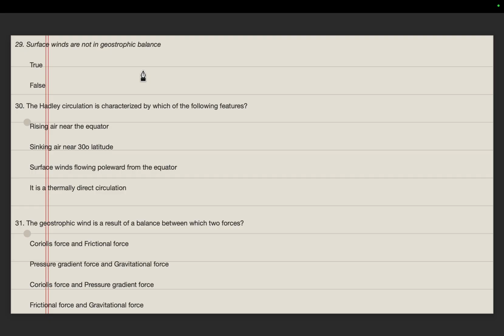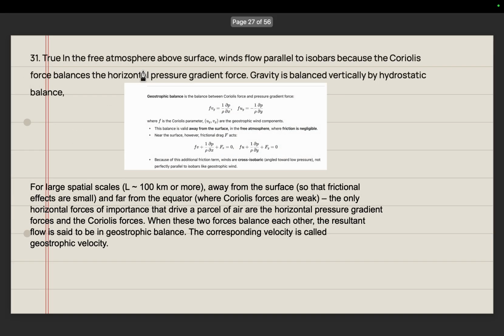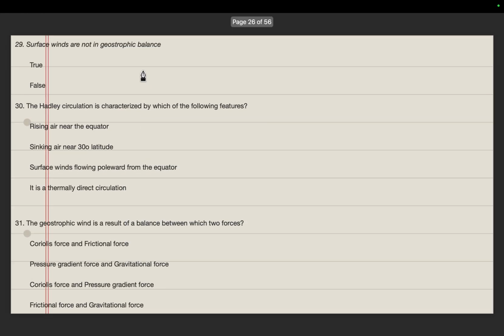Surface winds are not in geostrophic balance. True.